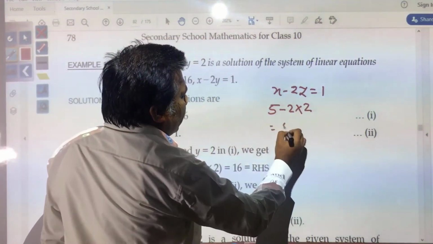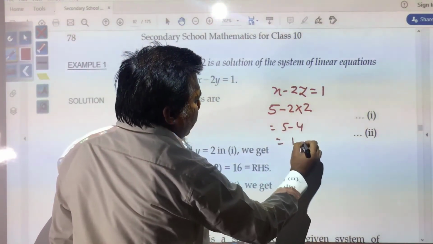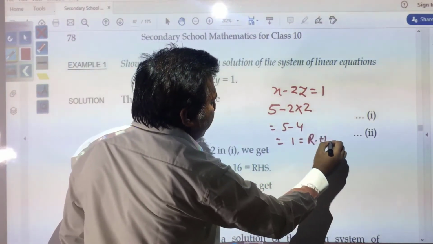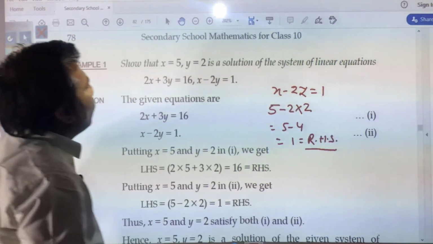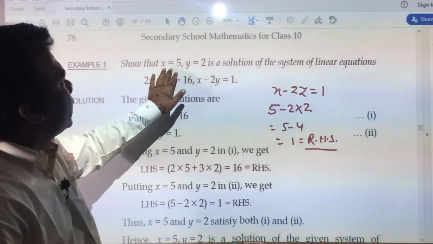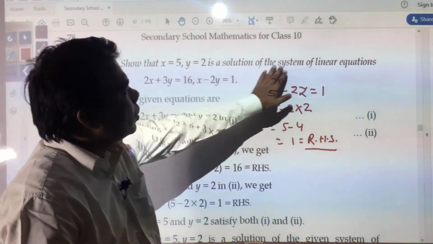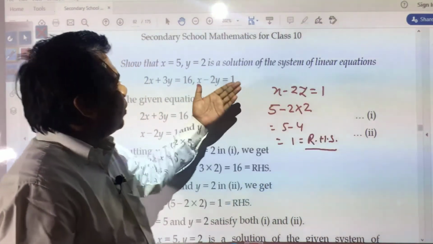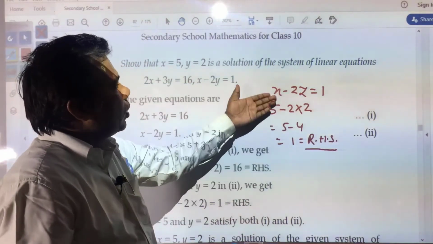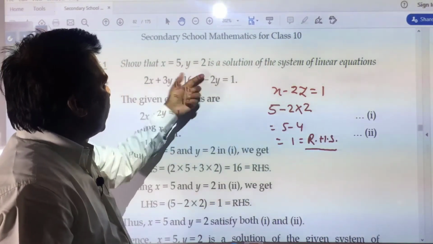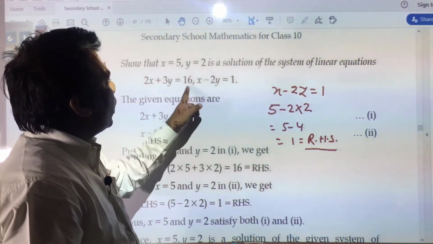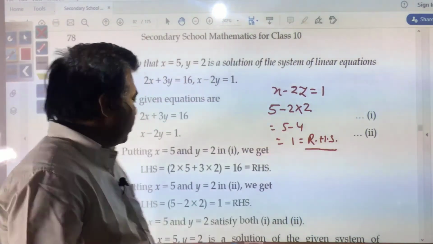So, what do you get? 5 minus 4, and that is equal to 1, and that is your RHS. What you had to do was show that x is equal to 5 and y is equal to 2 is a solution of this system of linear equations. So, you have shown it, because substituting x and y in both the equations, you are getting RHS.